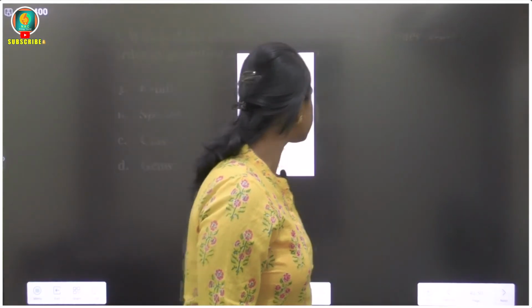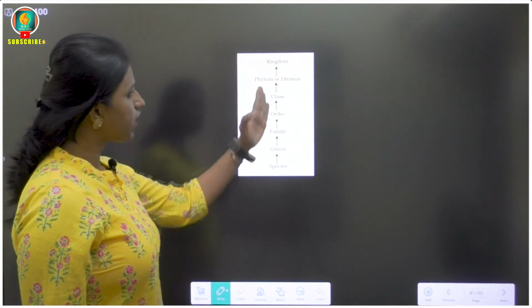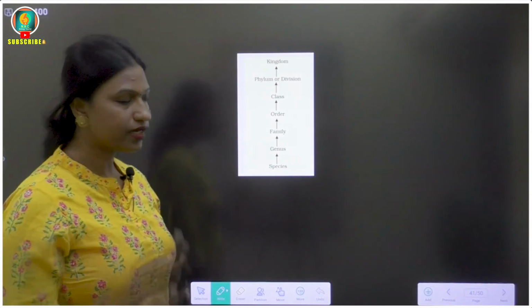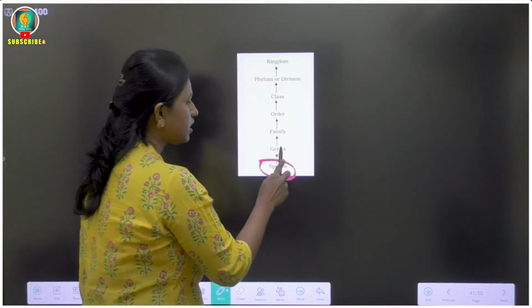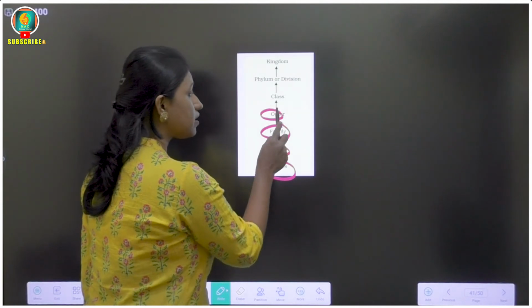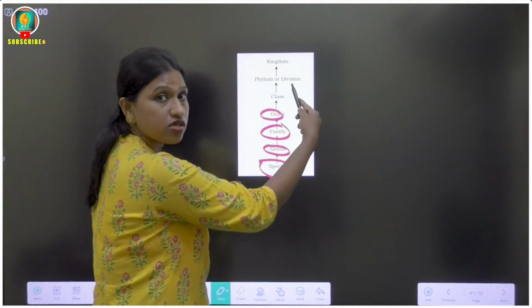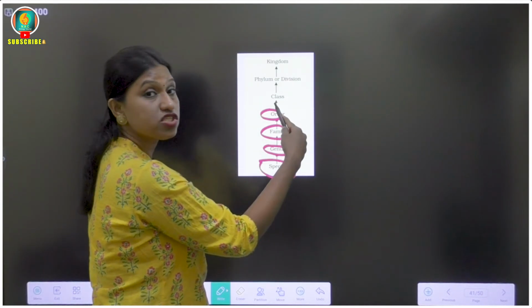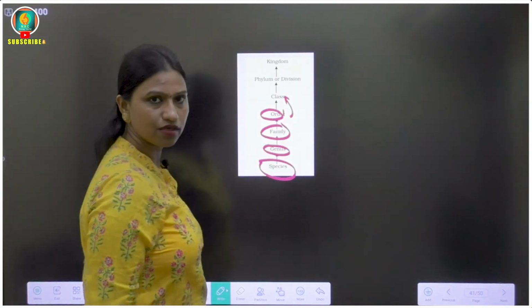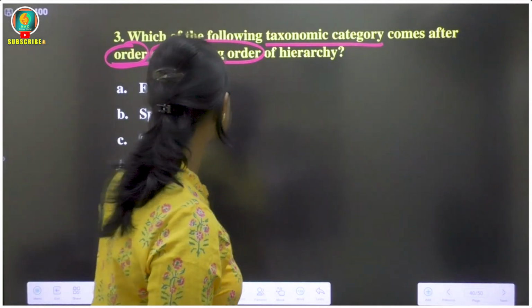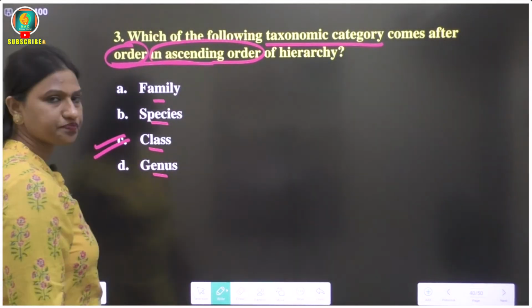Look here. This is an NCERT image. We have represented it in a hierarchical form. Correct. So here species comes first. It is in ascending order only. Genus, family, order. So the question is, which taxon comes after order? After order comes class only. Correct. So therefore the answer is class.